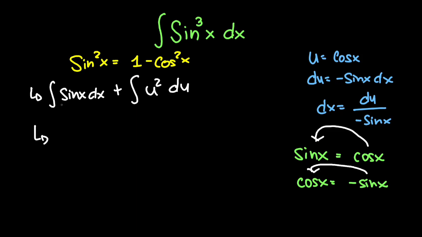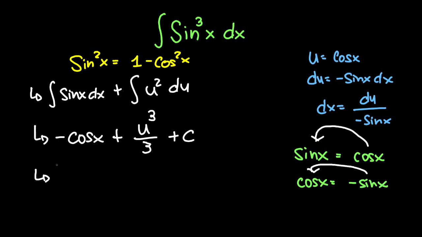But since what we have here is a positive sine of x, and what we have here is a negative, the integral of a positive sine of x would be equal to negative cosine of x plus the integral of u squared, which is simply u to the power of 3 over 3 plus c.